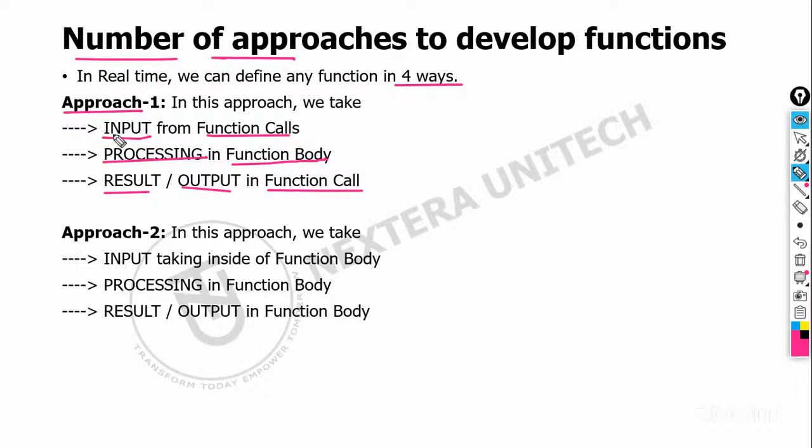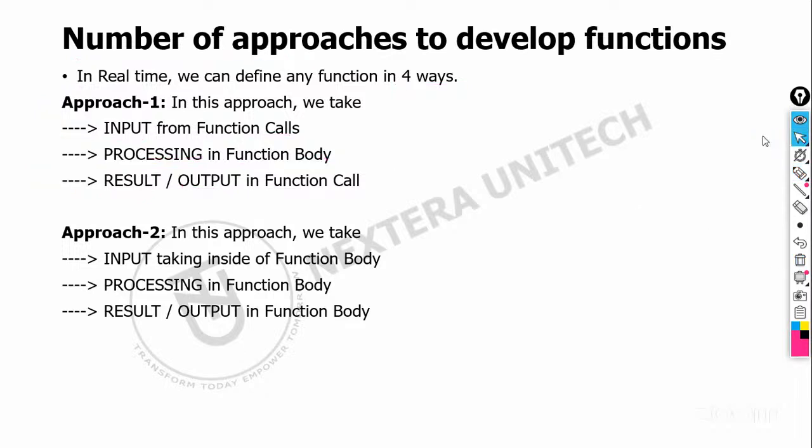So input will be from the function call and even the output will be in the same function call only, but the processing will be done in the function body. Probably when you go through this, you may not understand. I'll take a few examples to understand how we develop functions in Python using approach 1, right? So you remember this: input and output from function call and processing will be in function body.